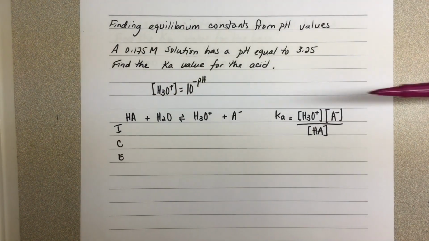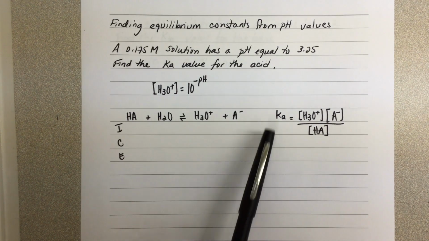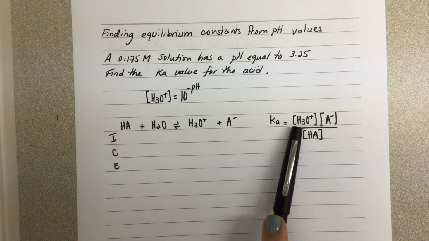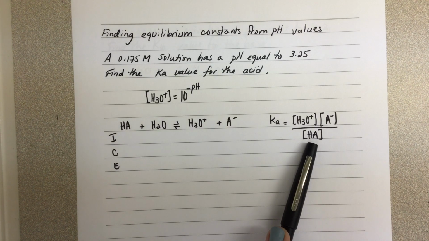If you want to calculate Ka, you need concentrations at equilibrium. Remember, whenever you're using a K equilibrium constant, all of your concentrations have to be at equilibrium. That's why we actually use an ice table. So for you to get that Ka, you need concentration at equilibrium for hydronium, for your conjugate base, and for your acid.